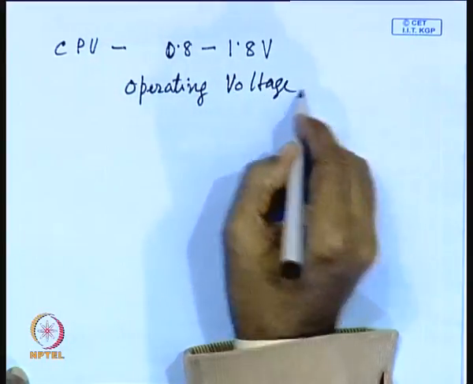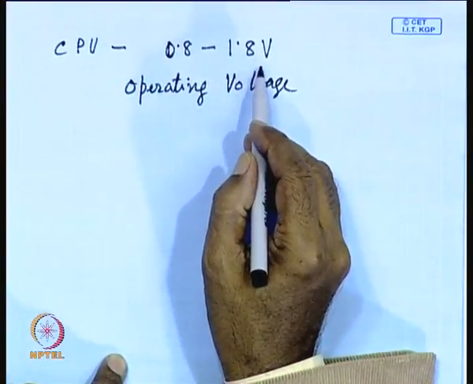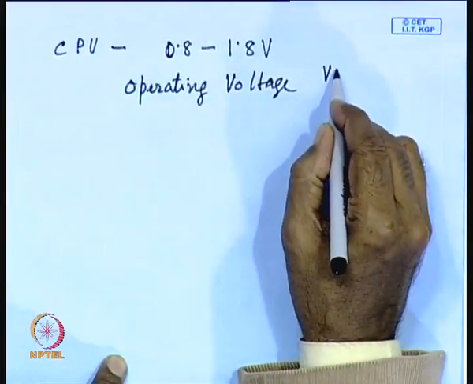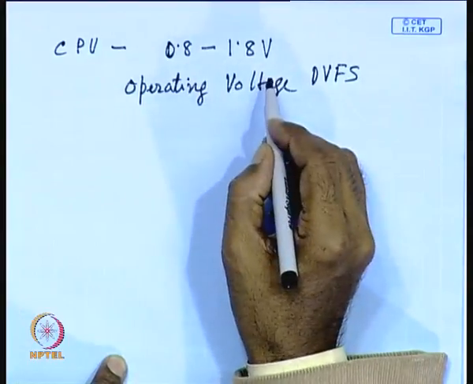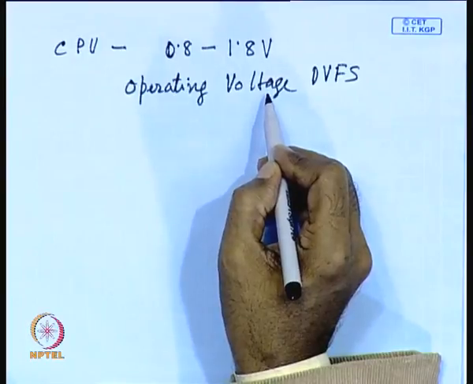Now, what can be done? Depending on the activity level, you can adjust the frequency and accordingly adjust the voltage, by using dynamic voltage and frequency scaling, to reduce the dynamic power, and as you have seen, this will also reduce the leakage power.